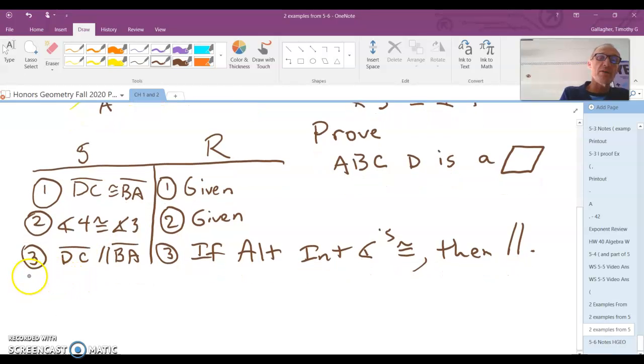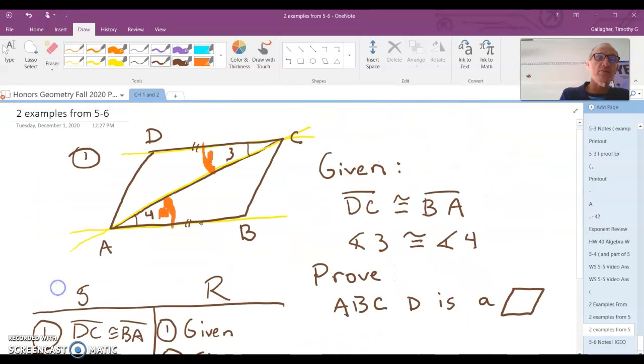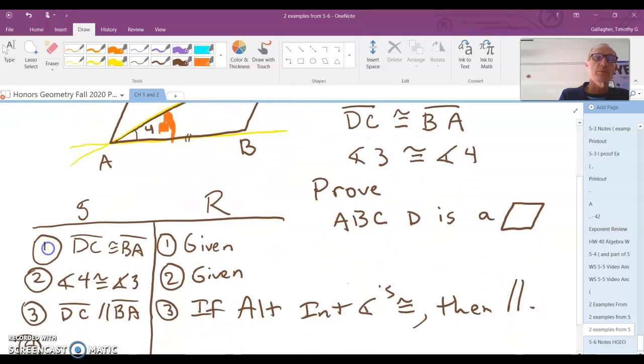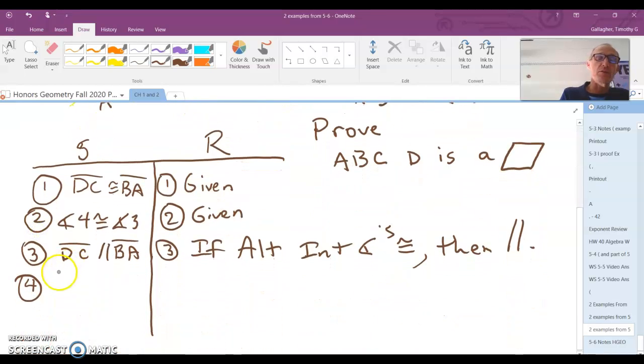All right, so we have it. We're done. Basically, we have one pair of opposite sides congruent and parallel, so ABCD is a parallelogram.